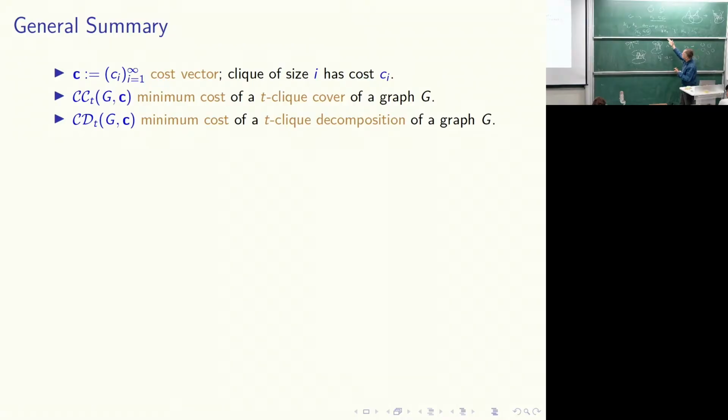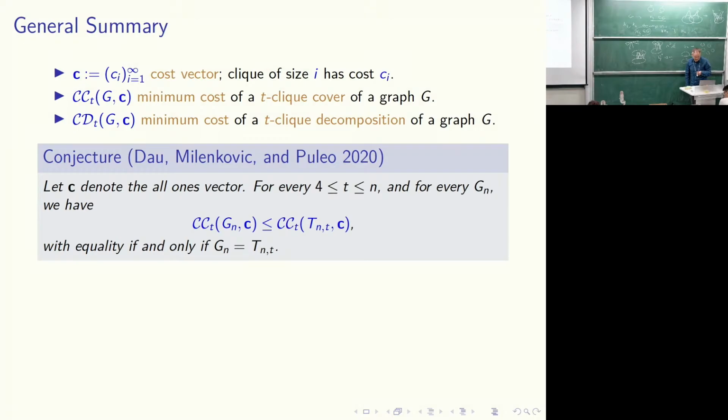One of them is decomposition, so we want to find a family of cliques such that each KT is part exactly once, and also the cliques are subgraphs of the graph. And the covering is that we cover everything at least once. And actually this was our starting point when we were at IBS.